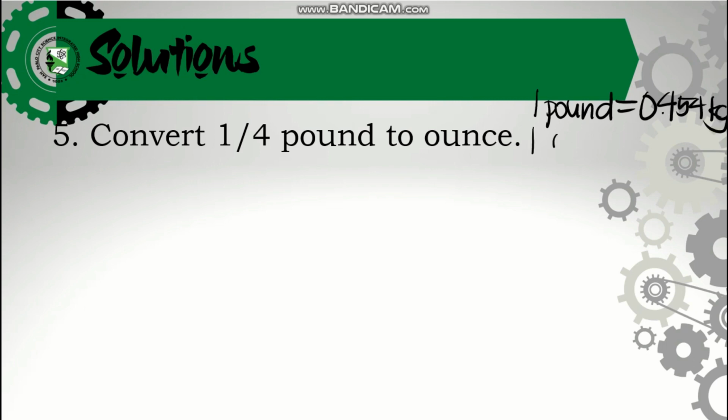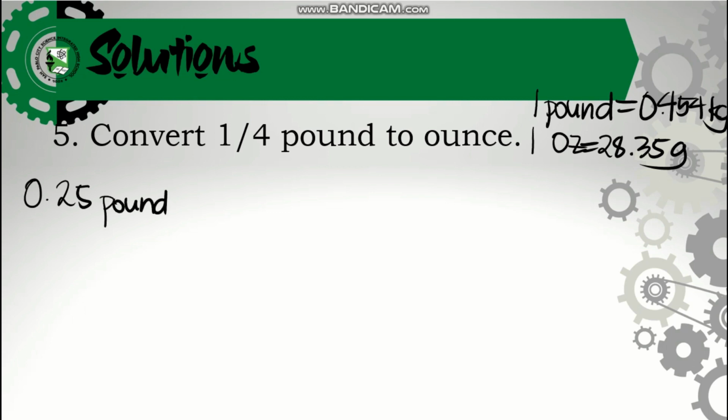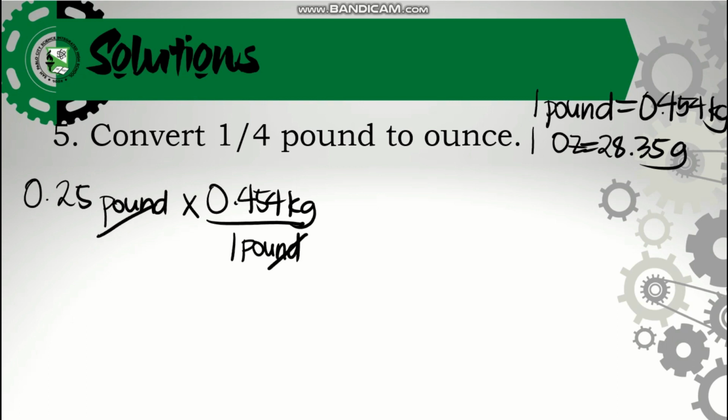And again, for the pound, additional lang, the abbreviation unit is 1 lb, and then lbs. 1 ounce is equal to 28.35 grams. So, we convert 1/4 to decimal, which is 0.25 pound, multiply by the given conversion factor, 0.454 kilogram over 1 pound, times 1,000 gram over 1 kilogram.